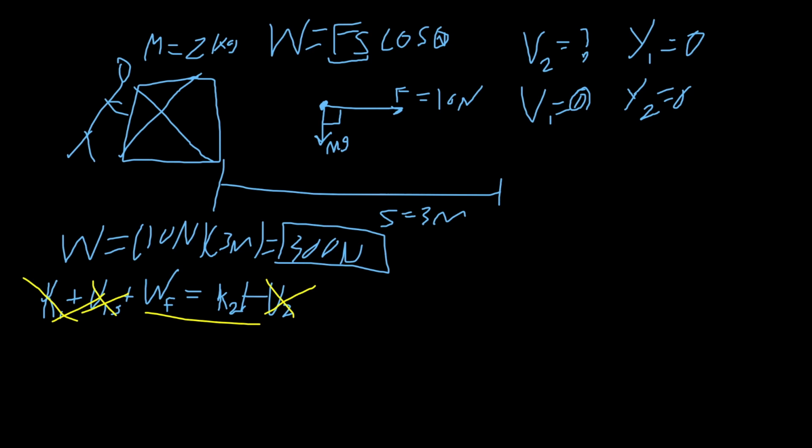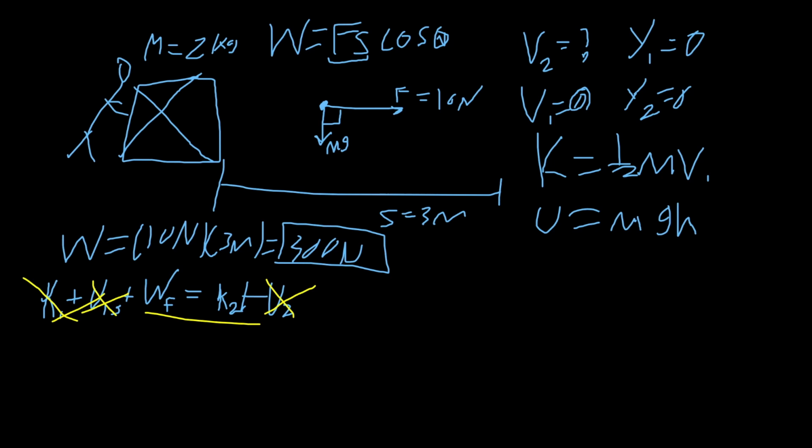And we know that because the kinetic energy equals 1/2 mass times velocity squared, and when this is 0, and potential energy equals mgh. So when this change in y coordinate is 0, this stays 0.